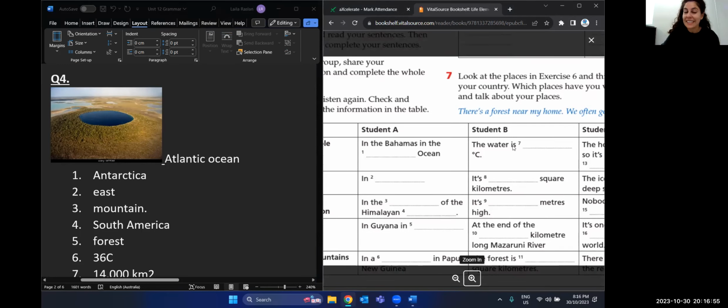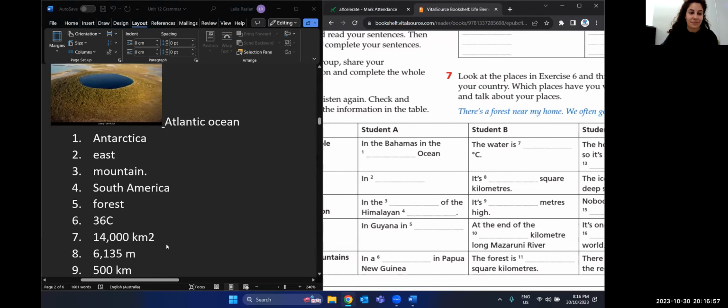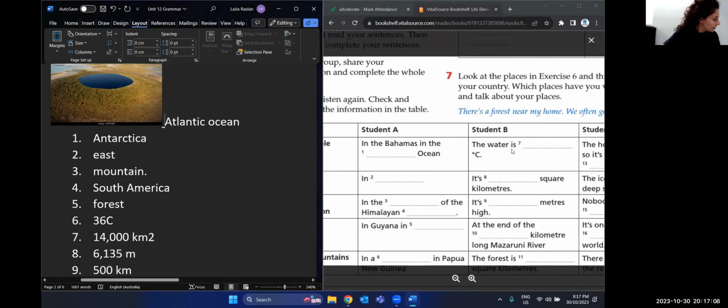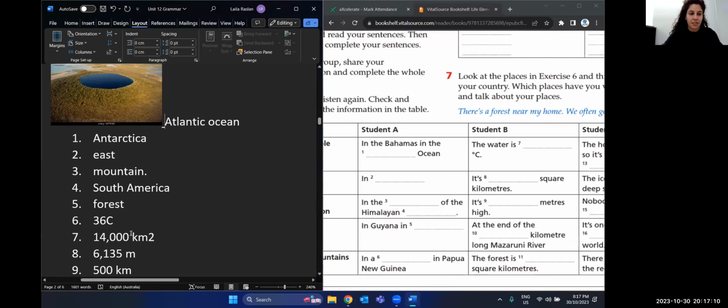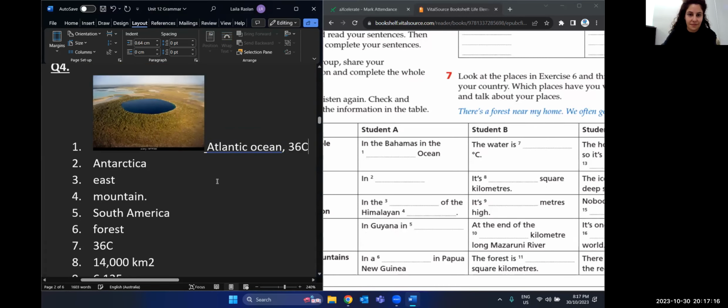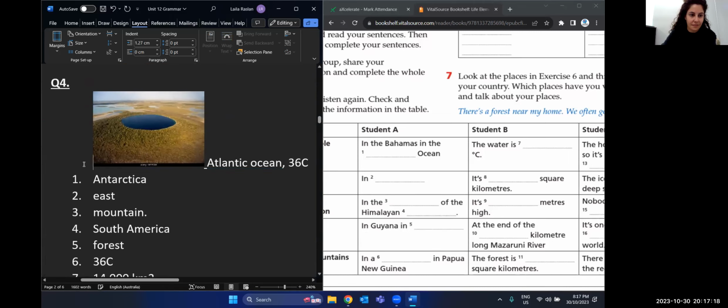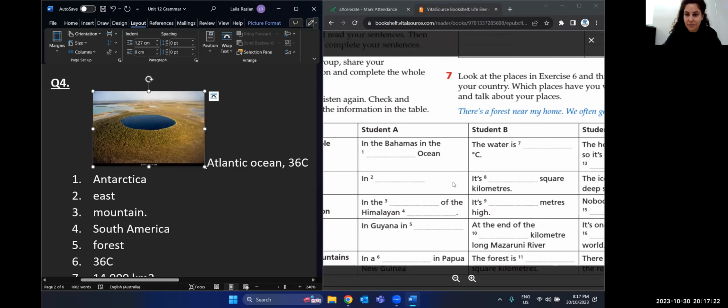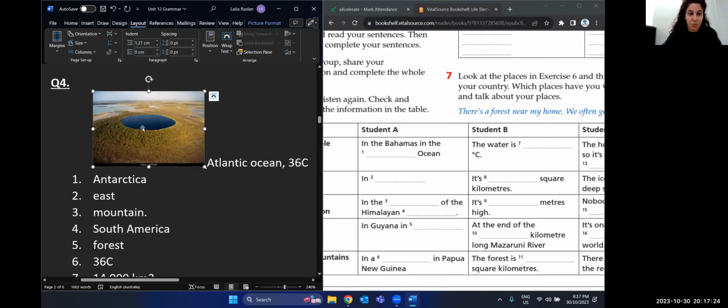The water is 36 degrees. Number 7, 36 degrees. So that's about this one, the black hole.